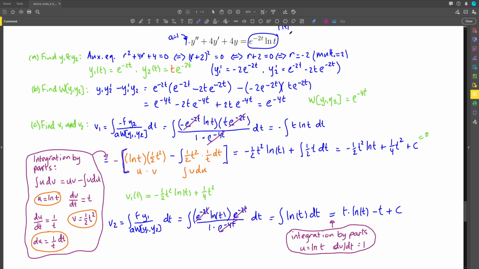Okay, so the conclusion for v2 is that v2 of t is t times ln of t minus t. Again, we pick c equals 0.